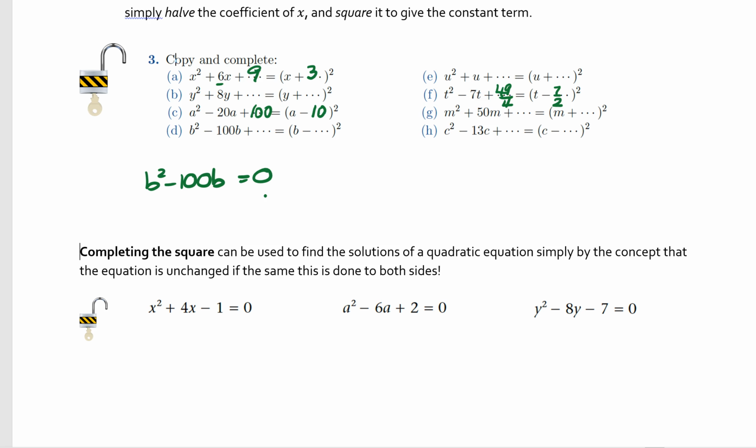What am I going to do? Well, what do I actually have to do to complete the square? I would have to say b squared minus 100b, and then I'd take half of this, which is negative 50, and I would square it. And when I do that, that will give me 2500. But when I've completed that square, where have I dragged that 2500 from?